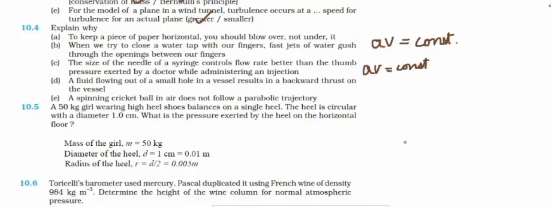Then part D, a fluid flowing out of a small hole in a vessel results in a backward thrust on the vessel. The situation is just like this. If you have a hose in your hand and water is flowing out from the hose, then you have to hold it tightly. Otherwise, you will get a push backward.